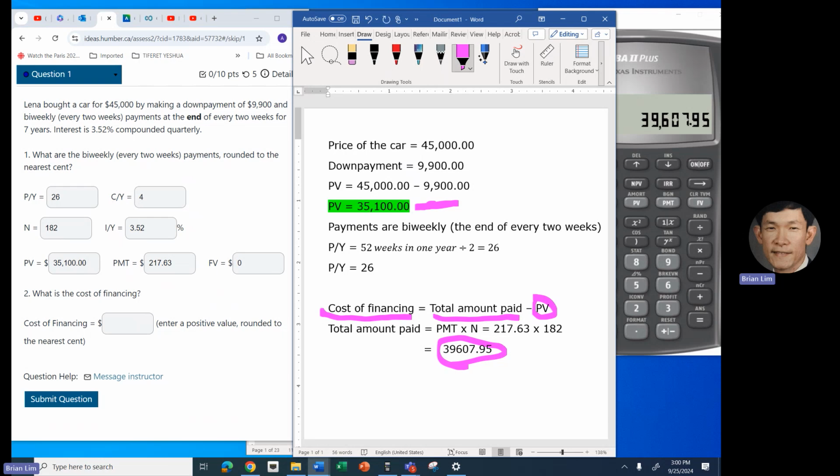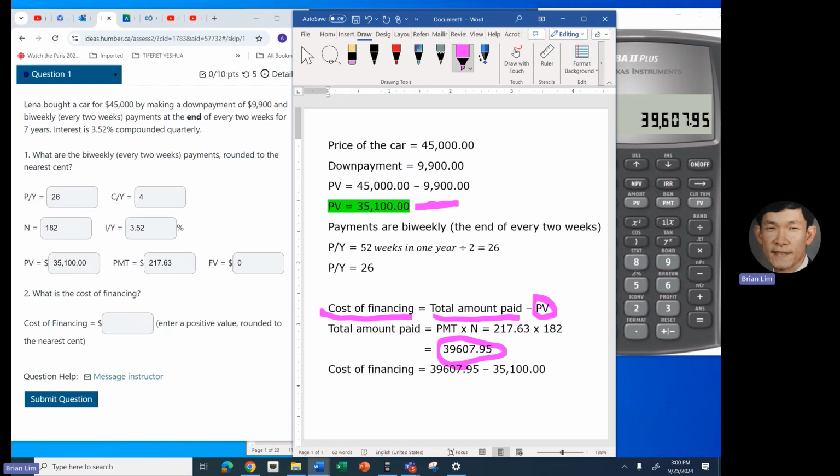The cost of financing would be equal to 39,607.95 minus 35,100.00.